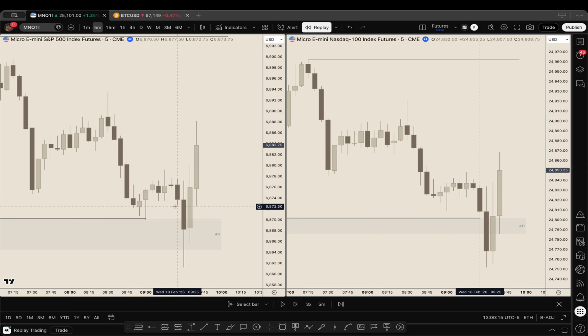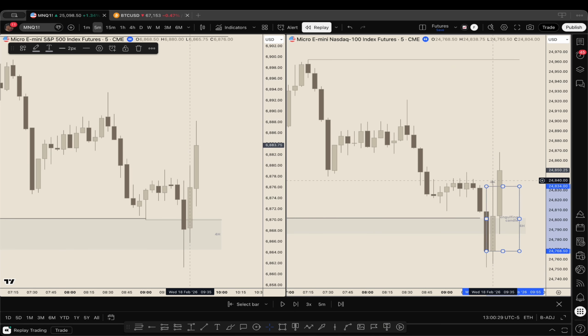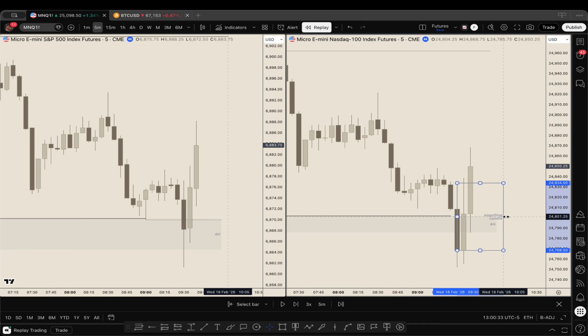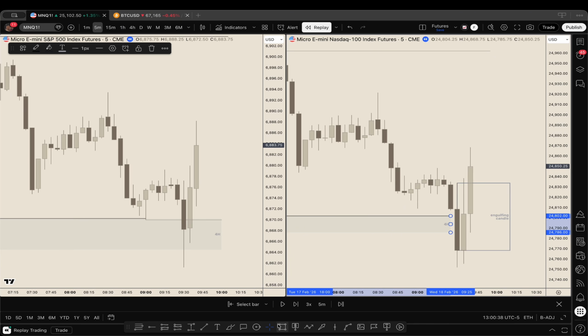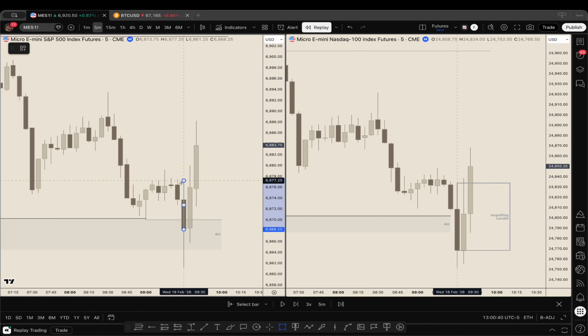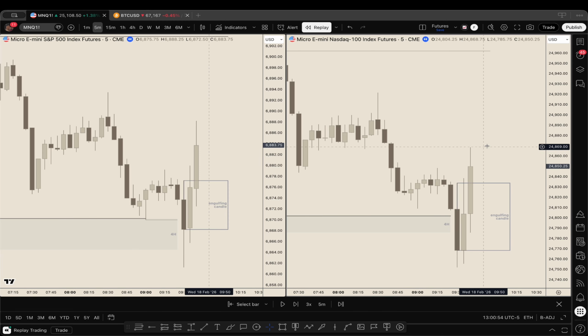If you take a look at the chart on the right, my engulfing pattern came in on this last down close candle. Right there, that's my engulfing candle. I'll just clean this up a little bit. As you can see, we did have one over here on S&P as well. I will draw it out. So I have my engulfing pattern.